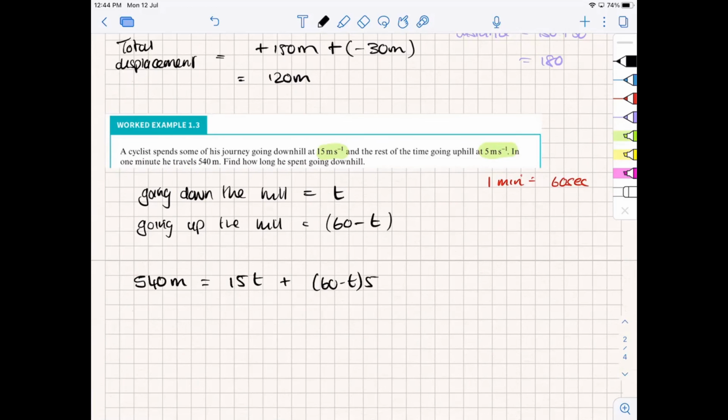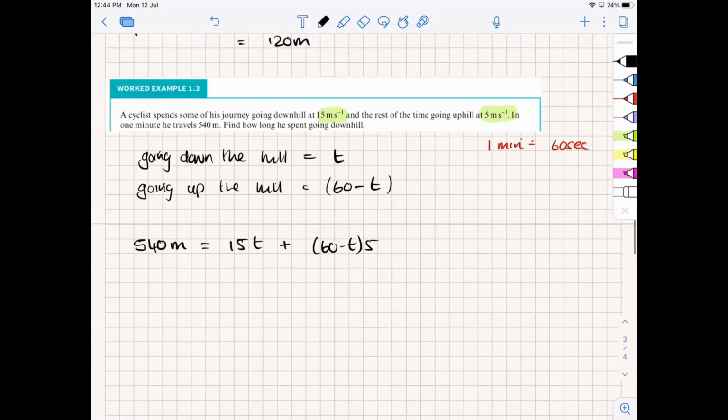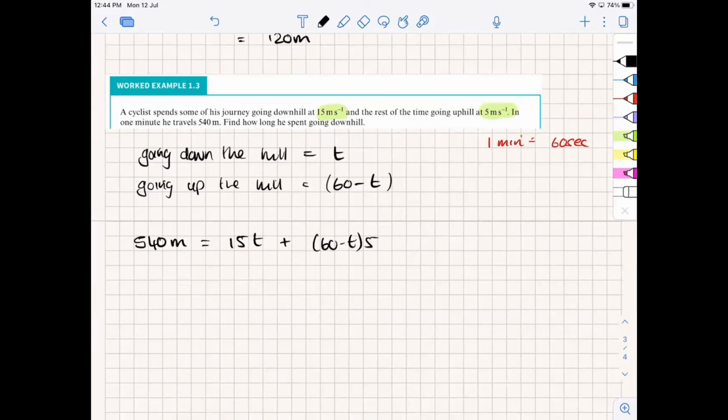Okay. And this is just a simple linear equation which we can solve very easily with our eyes closed. So this will be 540 equal to 15t plus 300 minus 5t. That gives me 10t equal to 240, t equal to 24 seconds.